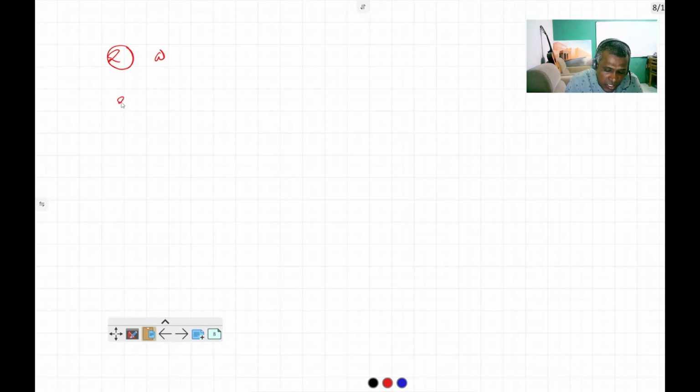Each and every 3 days, I am wearing my hat. This is my watch. This is my hat. So this is the number line.